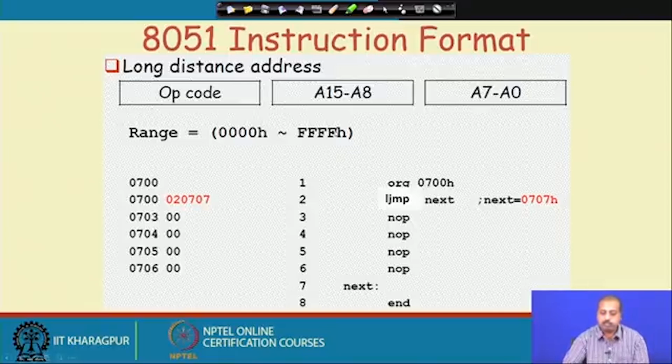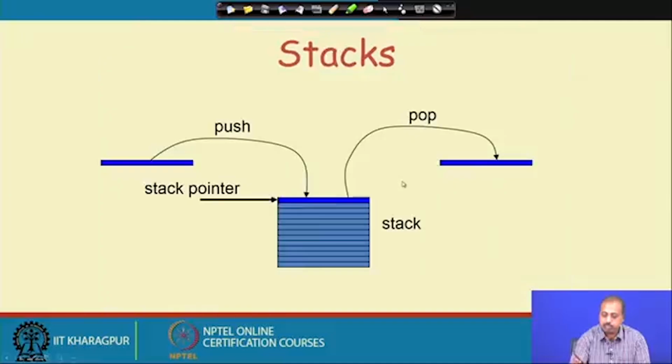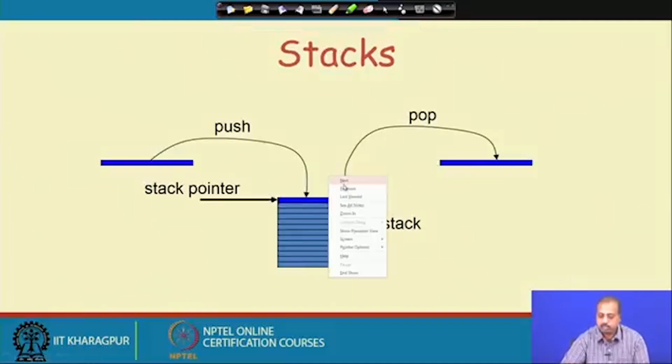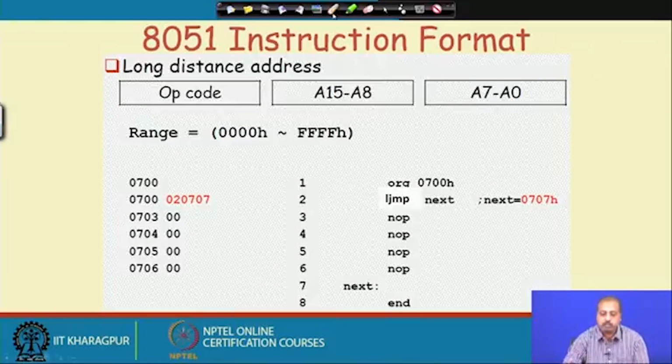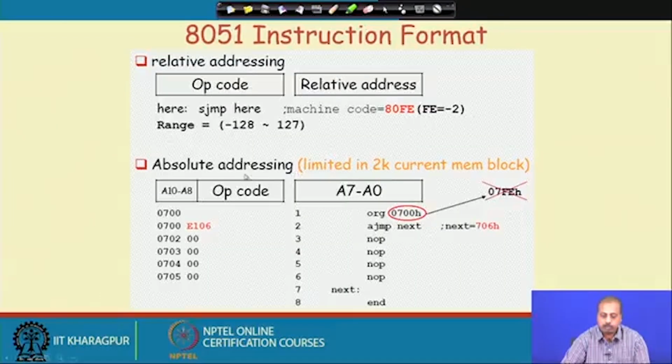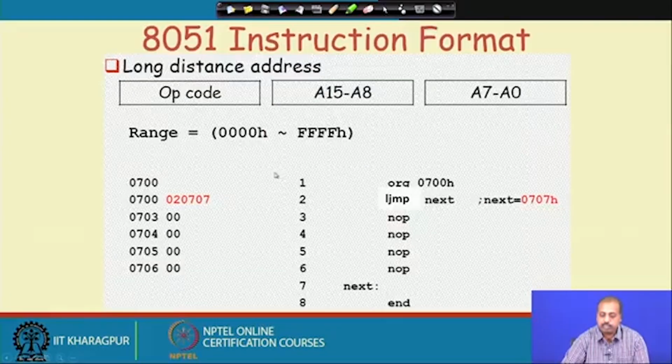This is the other version of the jump instruction, which is LJMP. LJMP is a long jump, and here we do not have the restriction. In the AJMP instruction, the offset is only 11 bits, A0 to A10, but in this LJMP instruction the offset is a total of 16 bits.